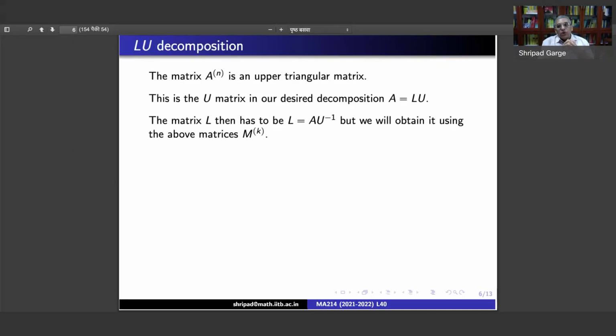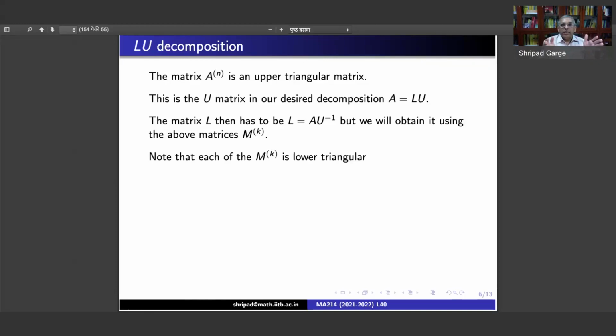So let's try to obtain this L using the matrices MK that we had formed. So note that each of the MK is lower triangular, because how is MK formed? You take the identity matrix, look at the kth column, look at the diagonal entry, and below the diagonal entry.